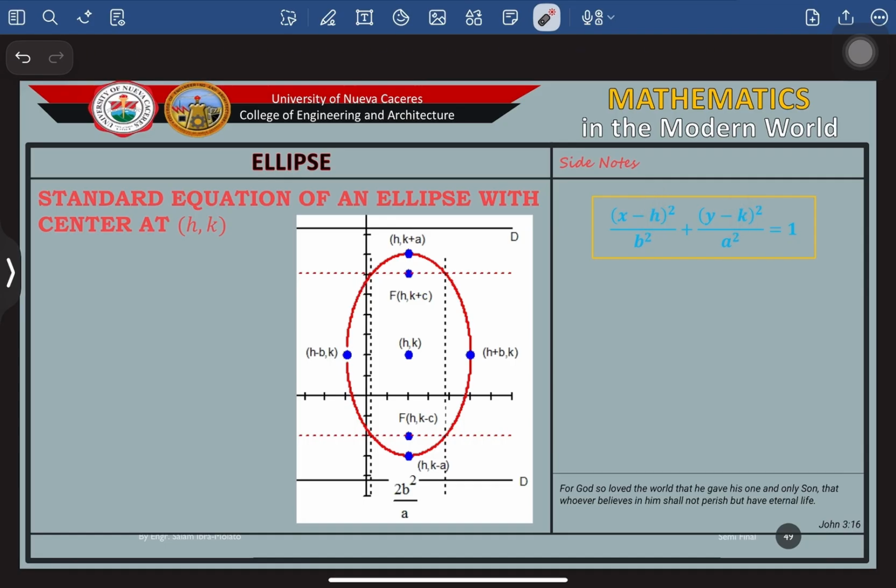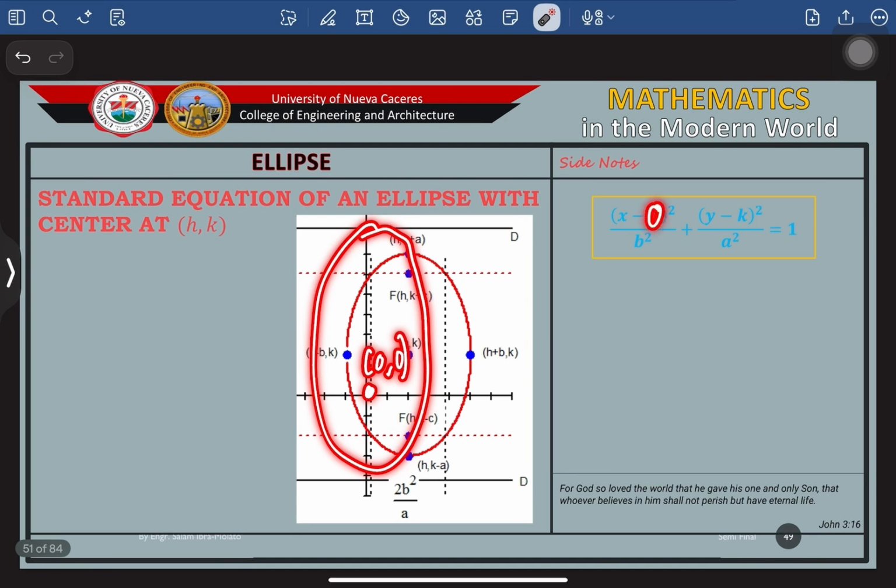But again, if the center is at the origin, substitute the center h, k by 0. So this becomes x squared over b squared plus y squared over a squared equals 1.